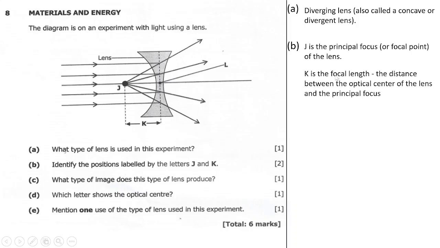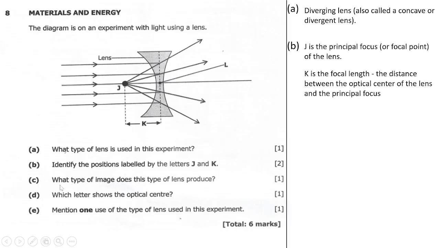Then K is the focal length, from the optical center of the lens to the focal point. The distance between the optical center of the lens and the principal focus is called the focal length.